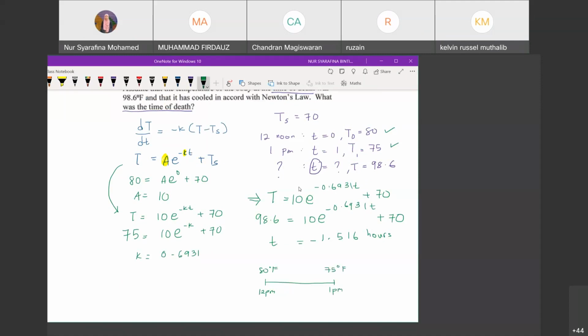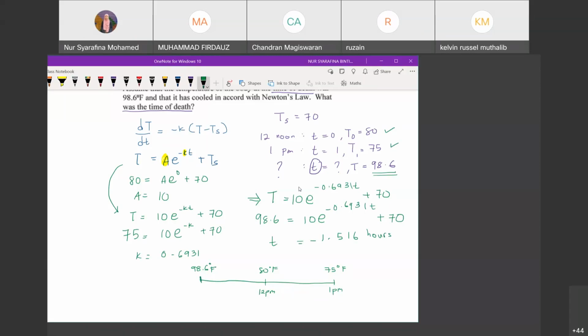That means when the body is 98.6, it should be before 12 p.m. Usually when someone has died, the temperature will decrease, right? So as you can see, you get t equals minus 1.5.